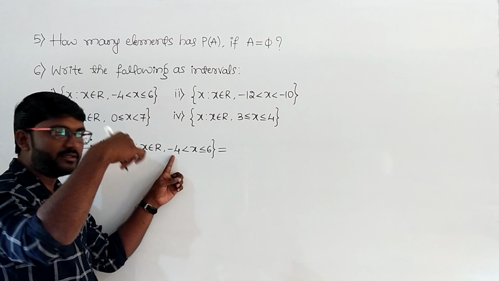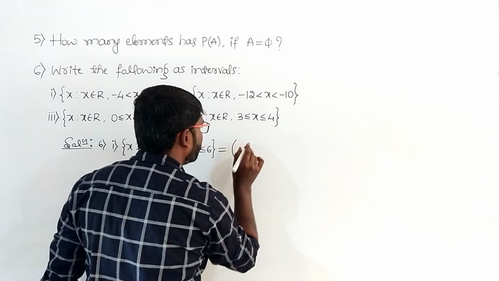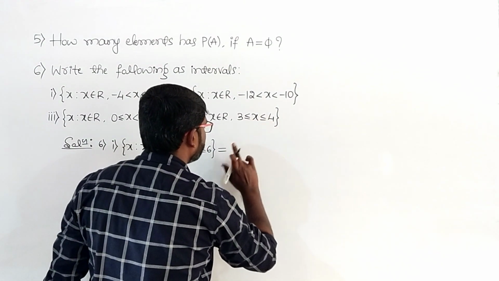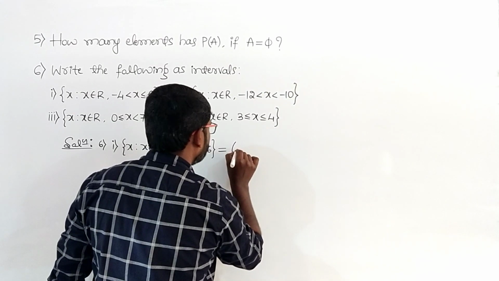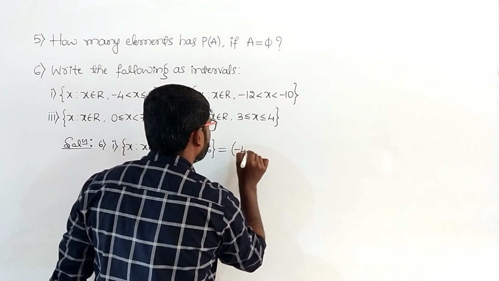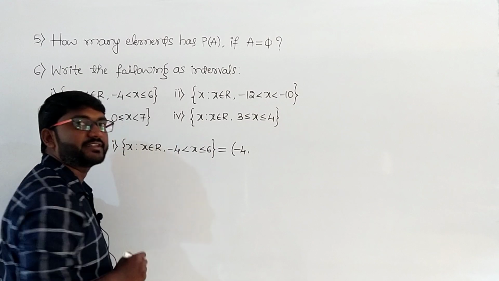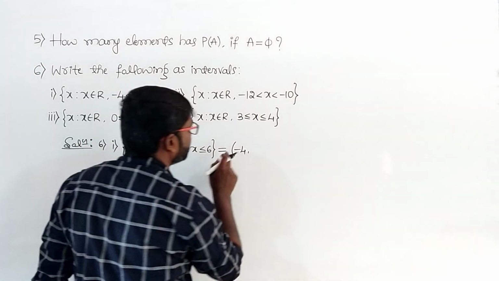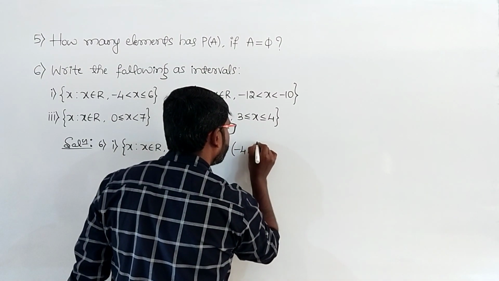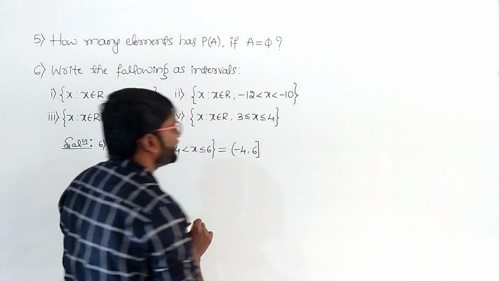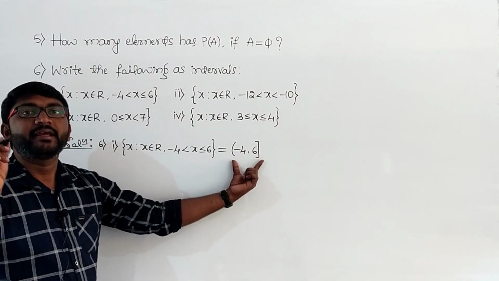That means it has to be the round bracket. We should write the open interval minus 4, comma. You have less than or equal to 6. That means it is closed interval 6. This is how you need to write in the interval form.